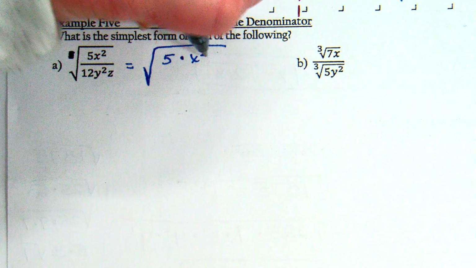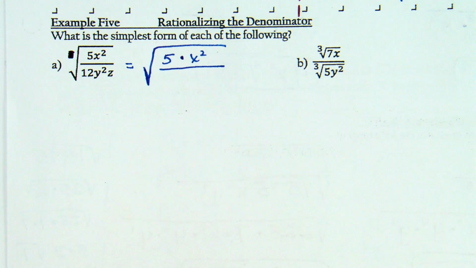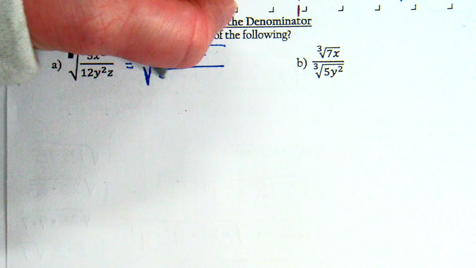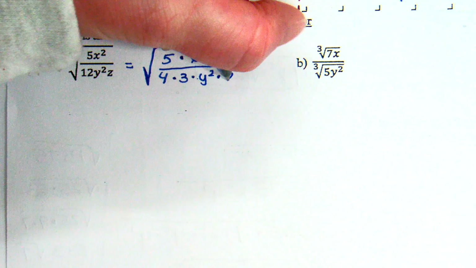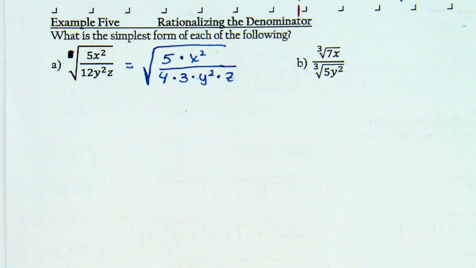Yeah, because 12 divides by 4, and so I'm going to be able to do 4 times 3. Y squared I'll be able to take the square root of, and z will just have to stay. My goal there really was just to get you to break the 12 up. That's what I was doing on that problem.